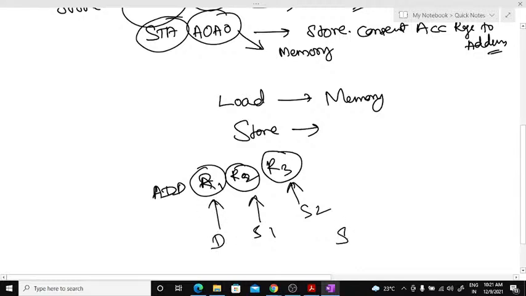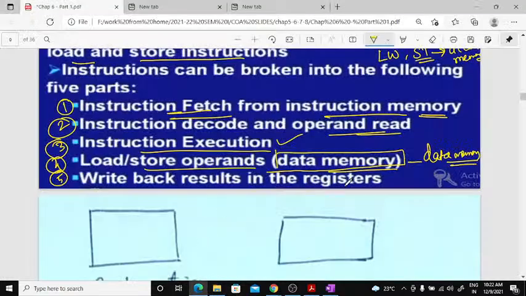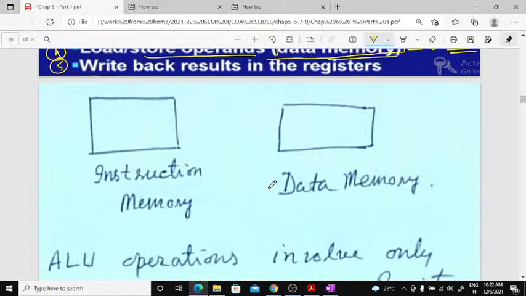So source 1 plus source 2 results in destination. So here 5 plus 6 is how much? 11. So where should this 11 go? It is in the R1 register. So the R1 register should contain the data, means it loads in a particular register, write back the result in the register.